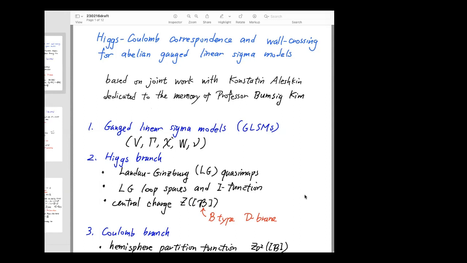Then I will introduce Landau-Ginzburg I-functions in the GLSM setting, and we will define the central charge, where curly B is a B-type brane, a matrix factorization or a coherent sheaf, and bracket B only depends on the K-theory class.